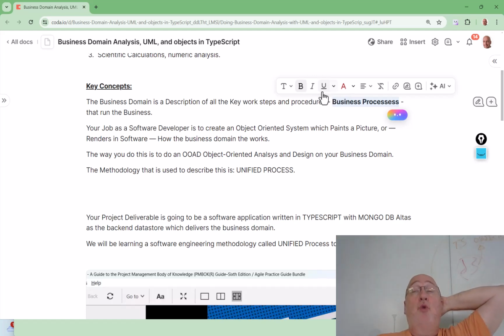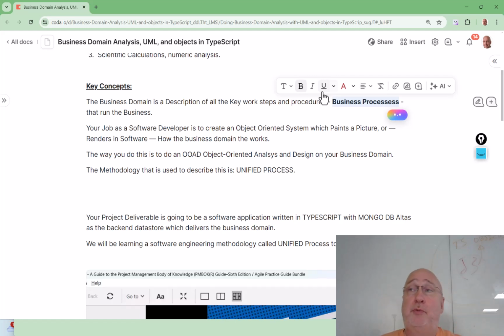What three qualities does an object have? Anybody, what three things does an object have in Java or any language, C#, any language? It has a unique identity, it has data fields, and it has methods.